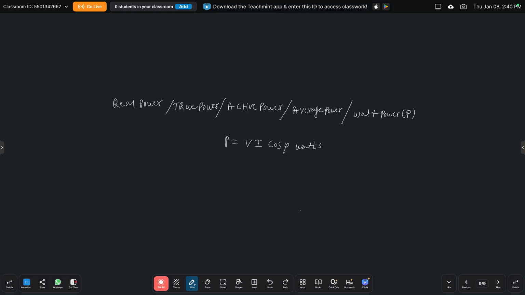Now, the power in an AC circuit can be defined as the product of RMS value of voltage and the active component of the current, also called the active power. Now next, the reactive power. The reactive power is also called as the wattless power.